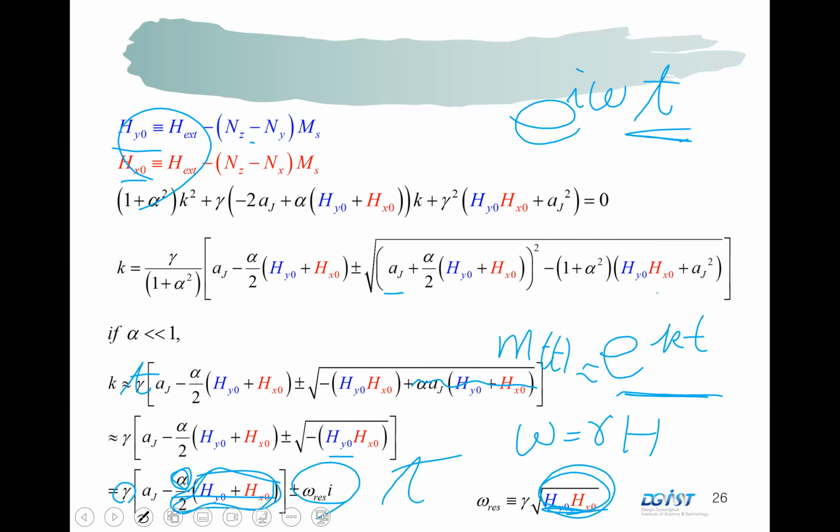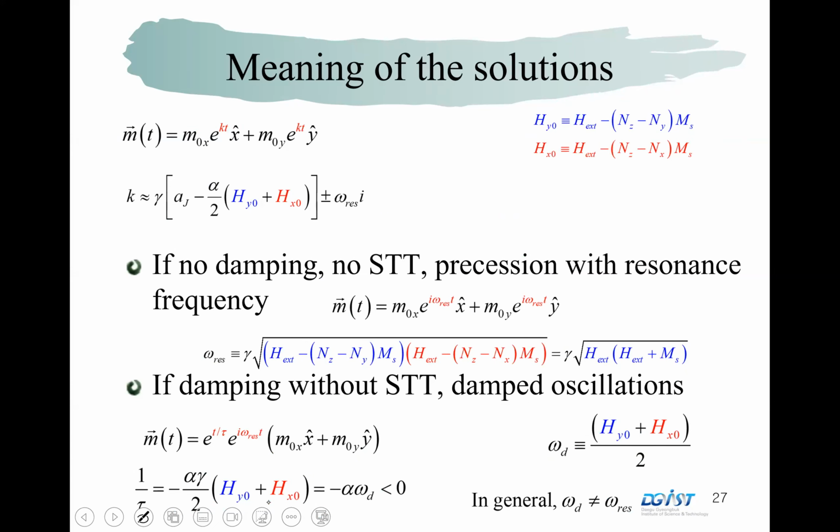So this term governs the damping of the system. So this is a kind of damping frequency or damping time. Okay, so please remember that M can be described by this form, and the HY, HX has this form, and K now has this form.